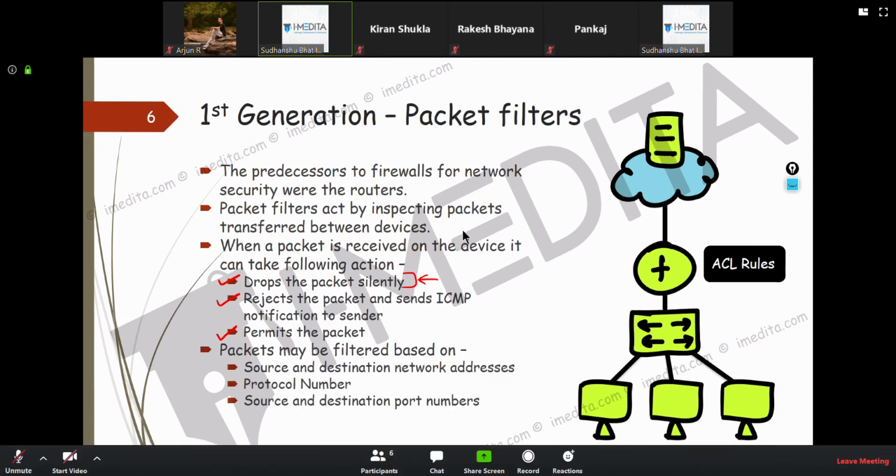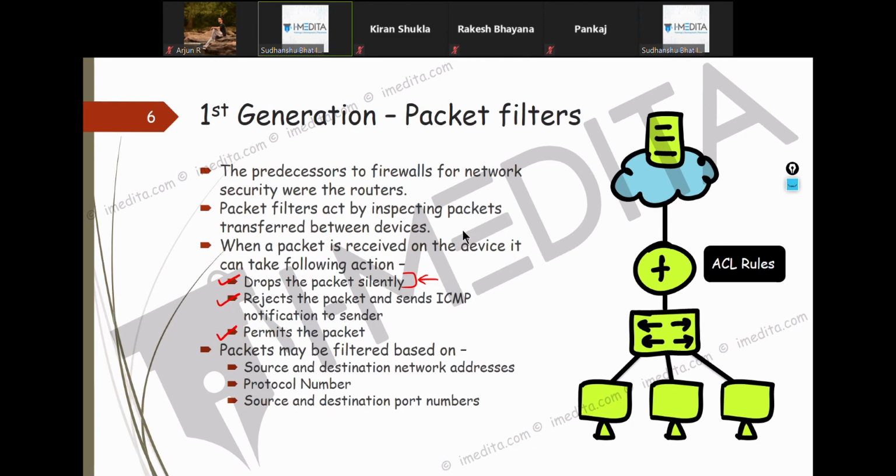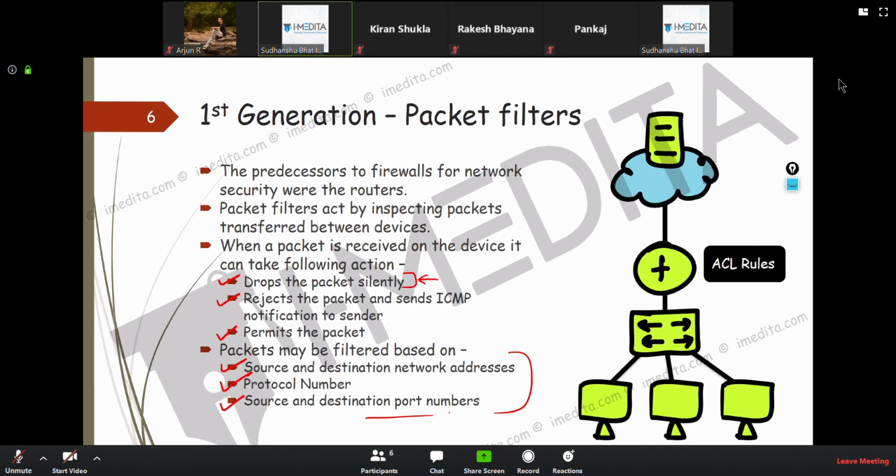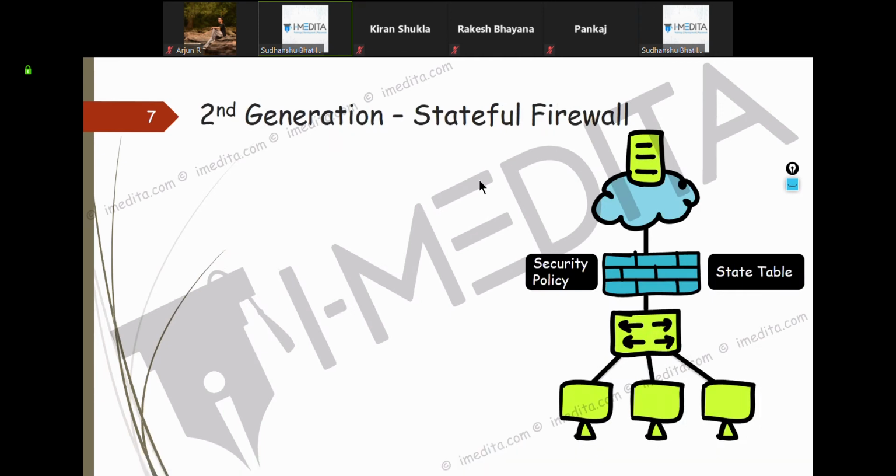Now you can filter packets in a packet filter firewall based on source address, destination address, protocol number, and port number. So it doesn't go up to the application layer to figure out the security. Then the second generation of firewall is the stateful firewall. In this kind of firewall, the device maintains a state table.